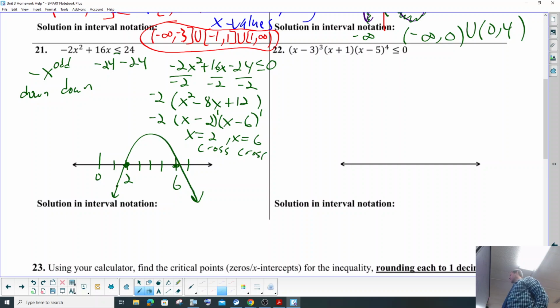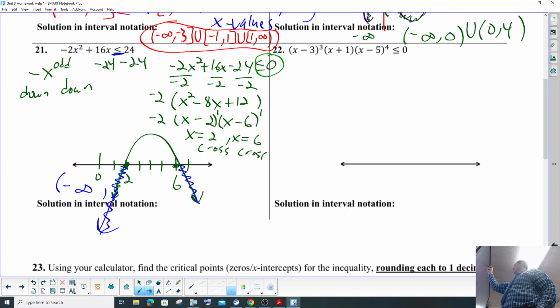And then do we want above the x-axis or below the x-axis? Well, we want all numbers less than 0. So less than or equal to 0 is below the x-axis. Good. So that means we're going from negative infinity, because that's below, to 2.